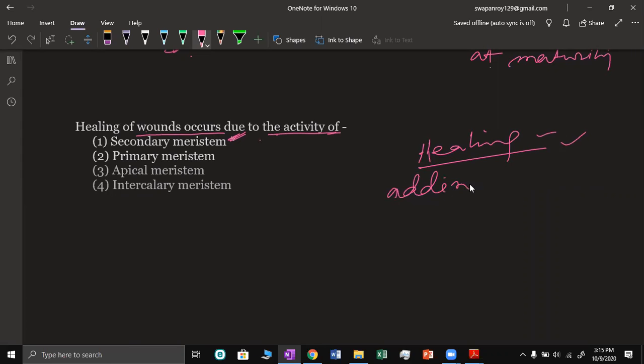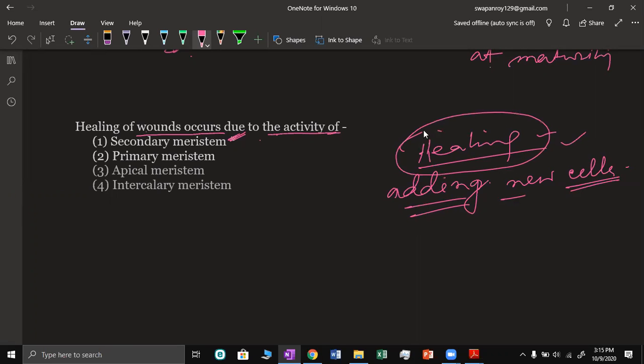It is done by adding new cells. Addition of new cells causes healing. So naturally, injured portion or wounds can take place in any part of the body, and in those parts of the body there is permanent tissue.